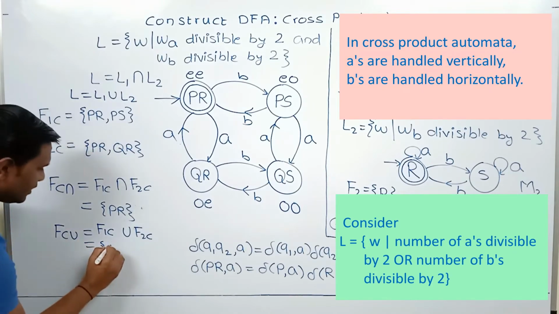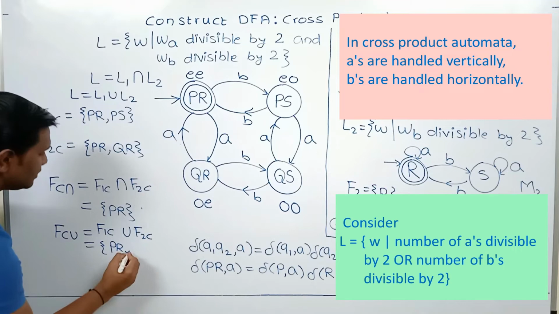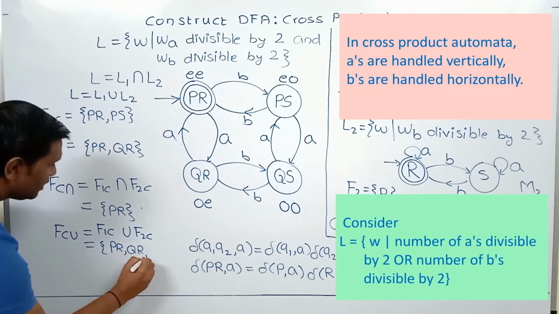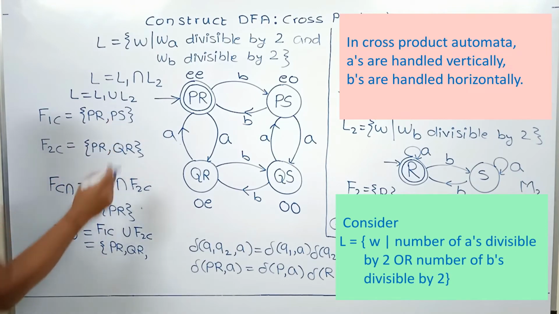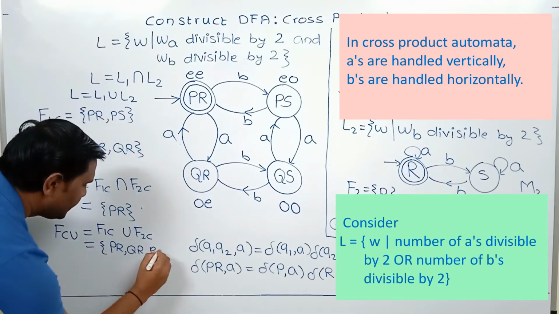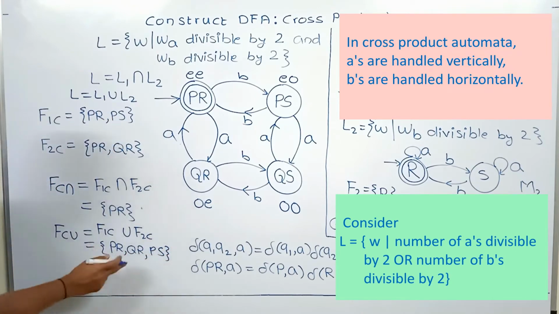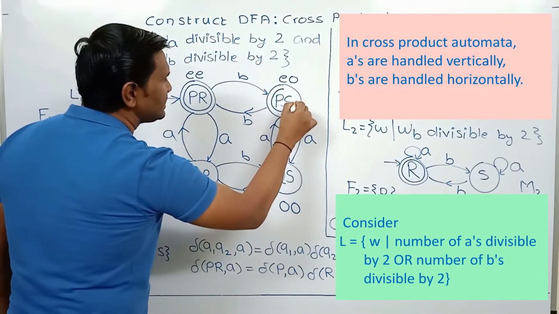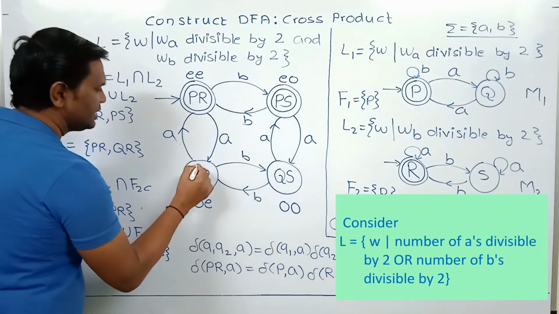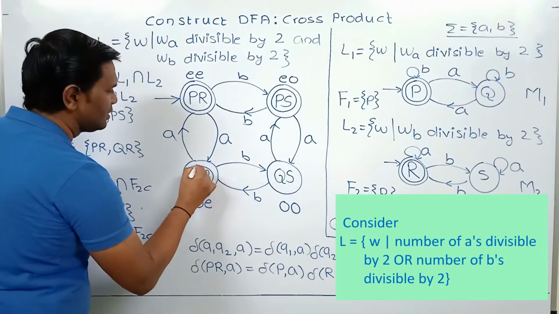So we get PR, QR and PR, PS and QR. So we have to mark these states PR, PS and QR as final states.